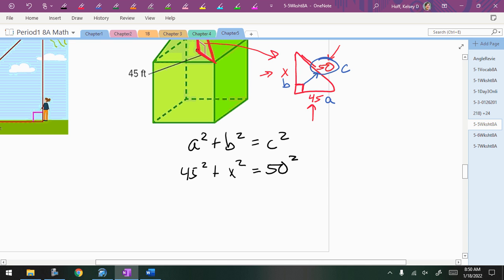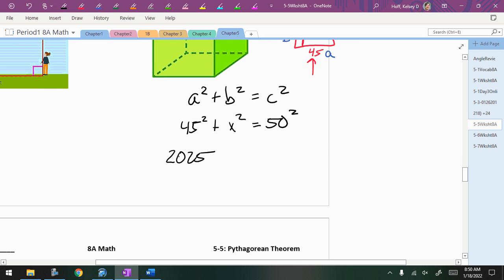Jack, what'd you get for 45 squared? 2025 plus X squared equals, Sarah, what'd you get for 50 squared? 2,500. Very good. Who can raise their hand and tell me my next step? Petro?